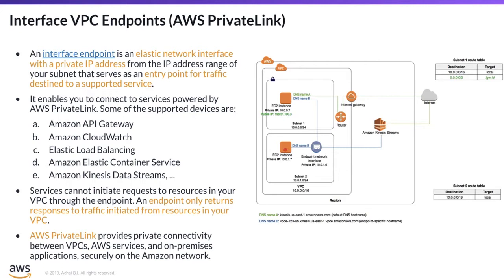But since we have an interface endpoint in subnet 2, the instance in subnet 2 can directly connect to the Amazon Kinesis stream via this interface endpoint. If you see this, there is no route table entry here. It is basically maintained through an elastic network interface. So you have to create an interface which will actually point to the Amazon Kinesis stream.